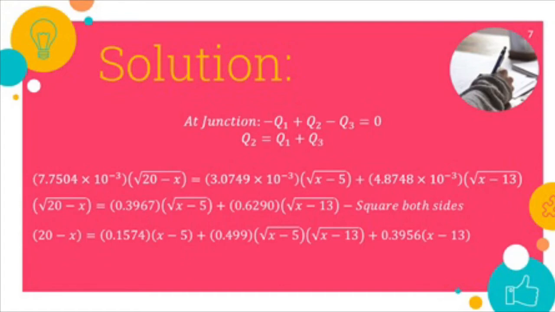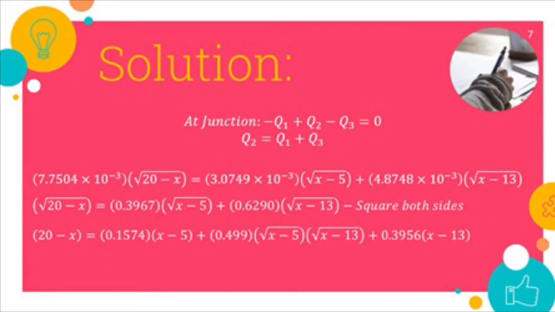By dividing it by 7.7504 times 10 raised to negative 3, we will get square root of 20 minus X is equal to 0.3967 multiplied by square root of X minus 5 plus 0.6290 multiplied by square root of X minus 13.